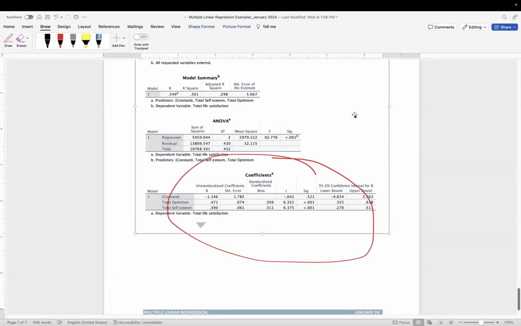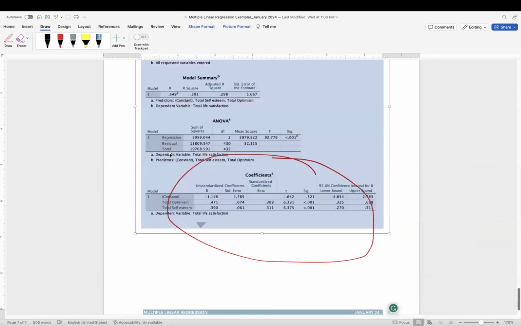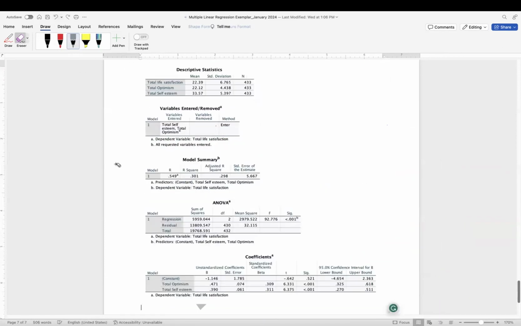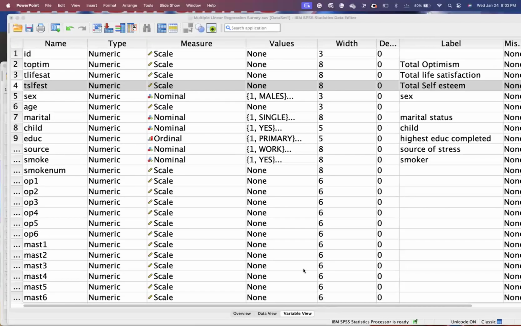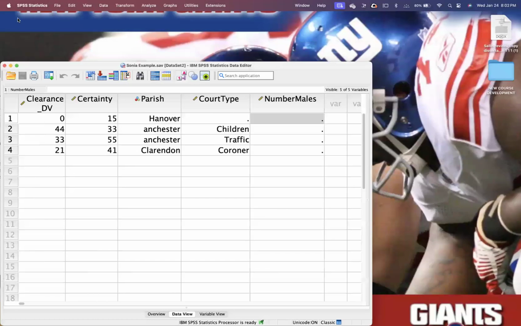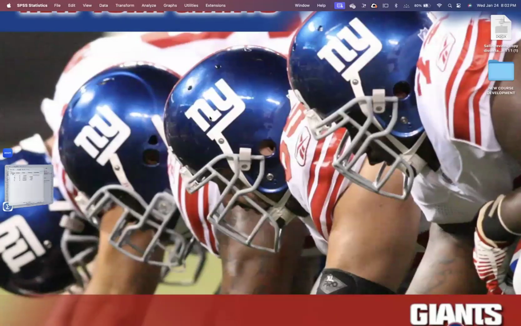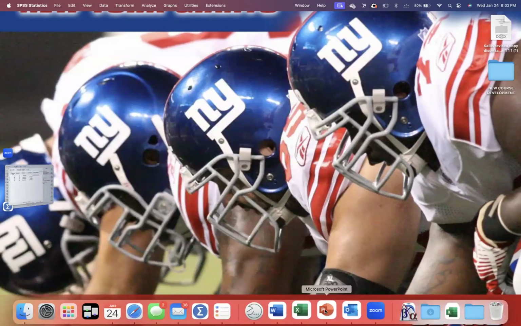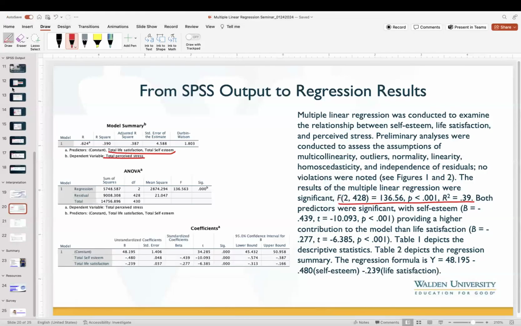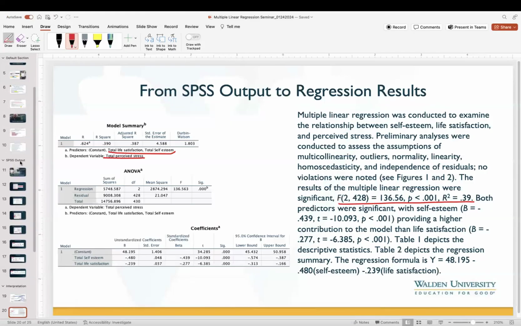Bingo. You are multiple linear regression experts. That's it, my friends, in a nutshell, on multiple linear regression. Now, does this make sense? Has it kind of clarified and eased the anxiety as we were trying to do?